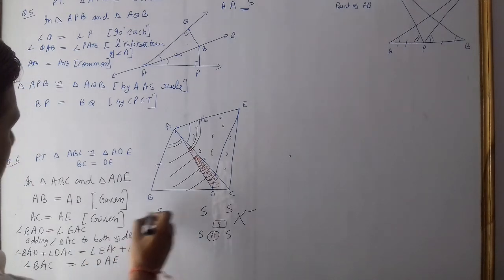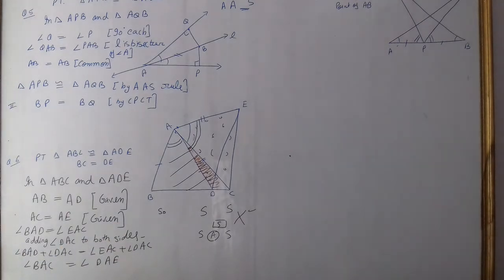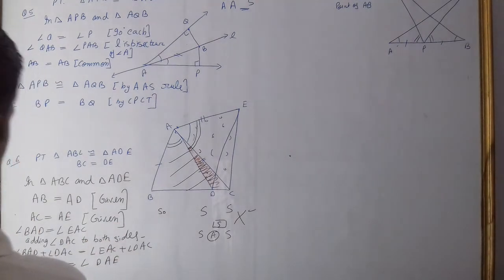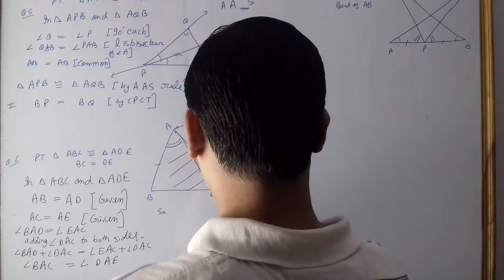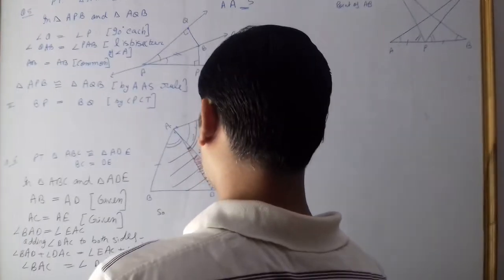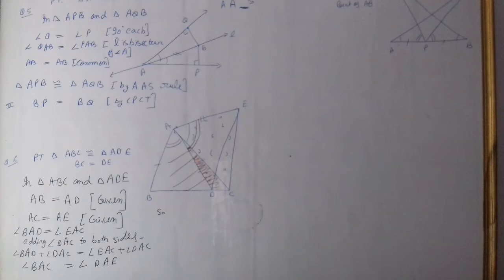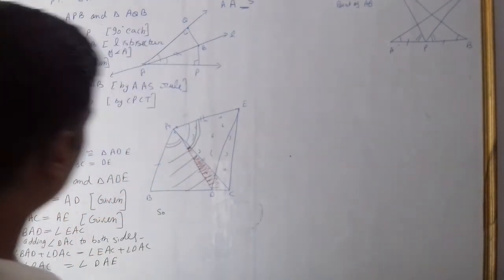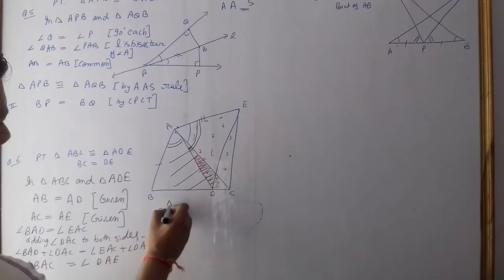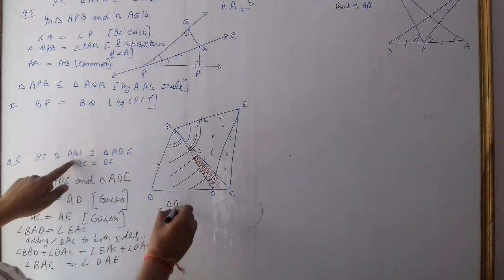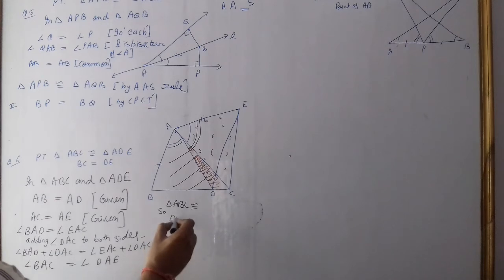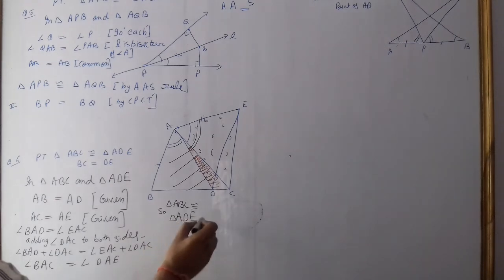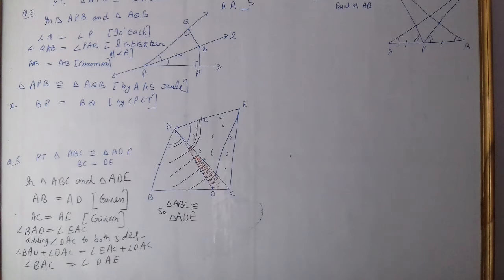So we can write by side angle side rule, triangle ABC congruent to triangle ADE, right?